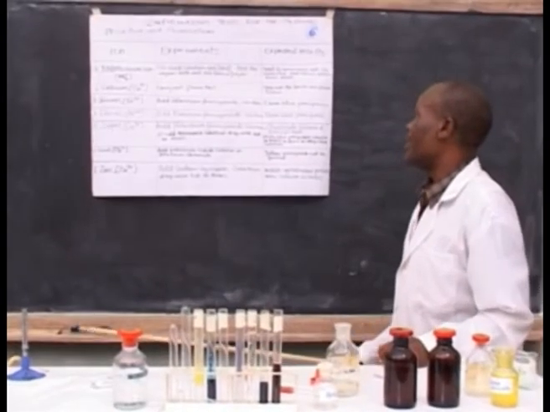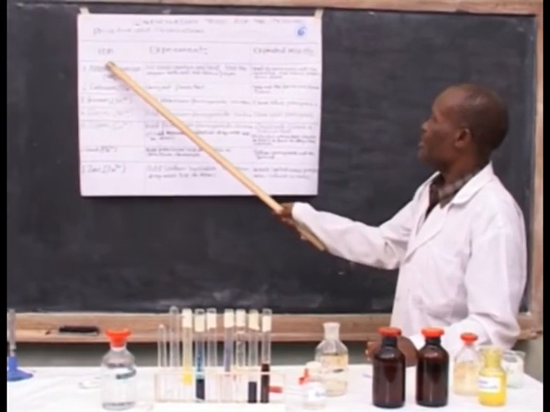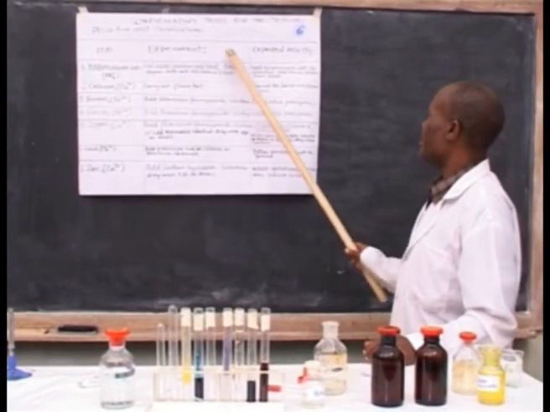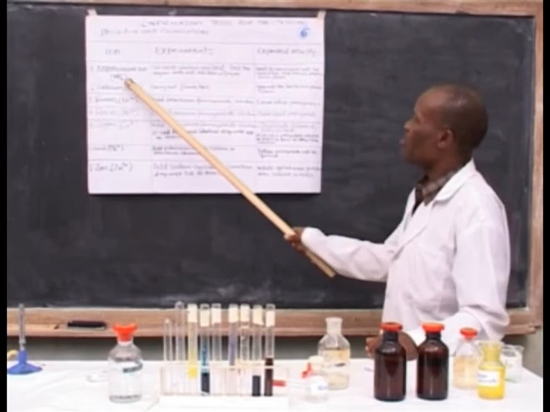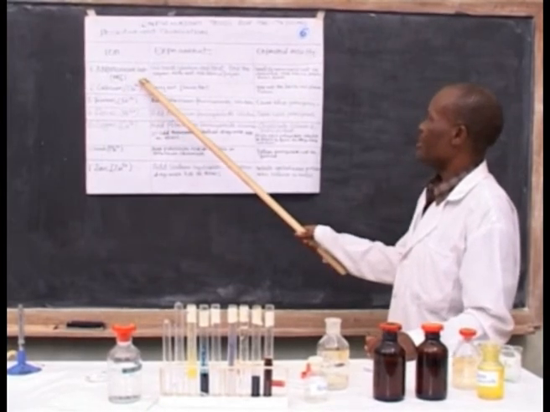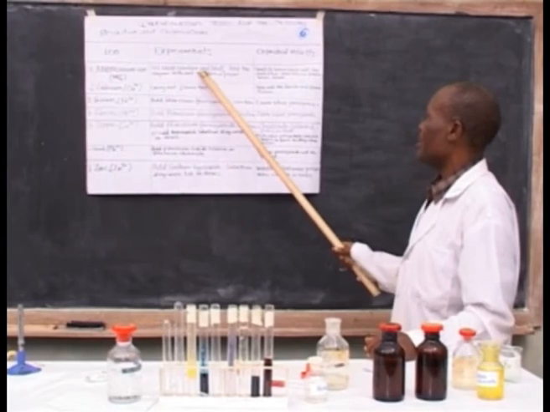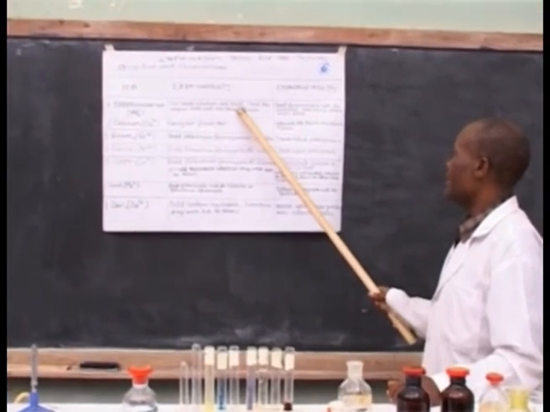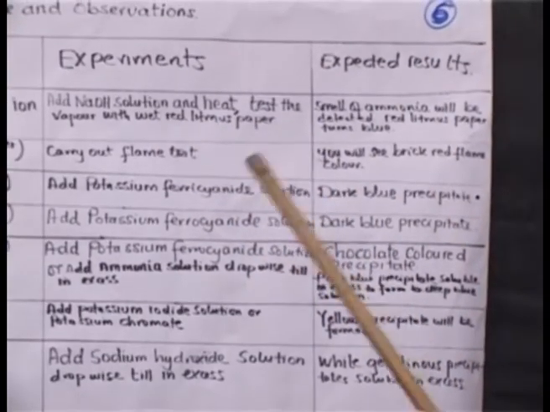Here you have the expected results. You have the ion, the experiments, and the expected results. To confirm ammonium ion, you have to add sodium hydroxide solution and heat. Then test the vapor with wet red litmus paper.